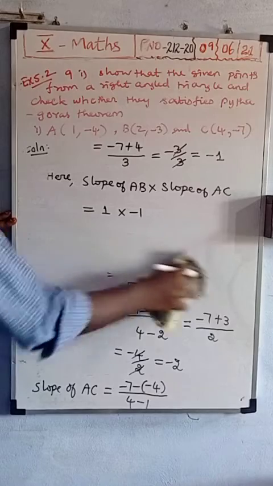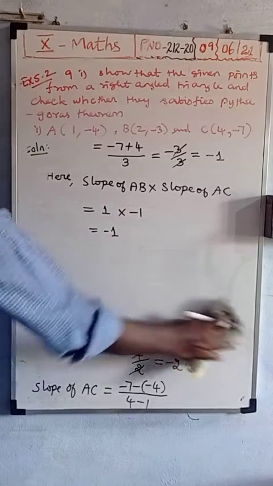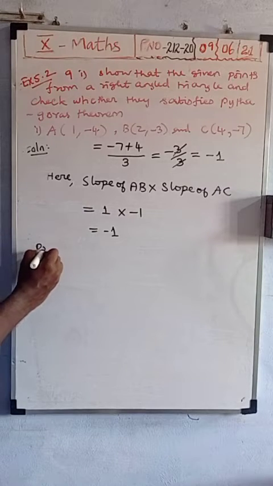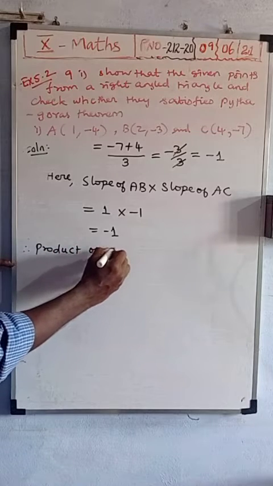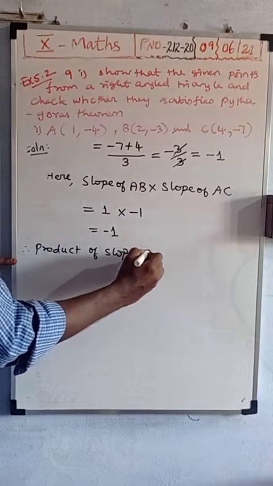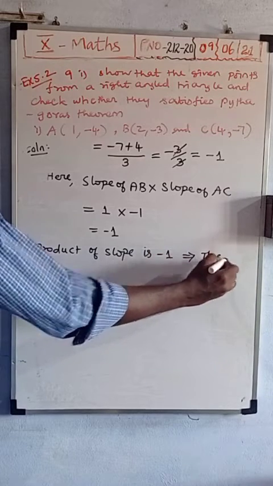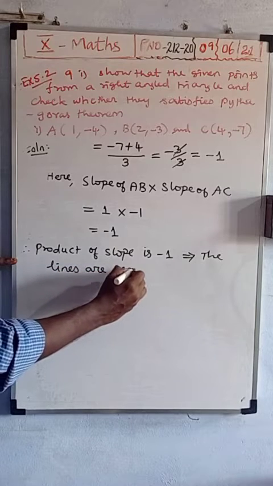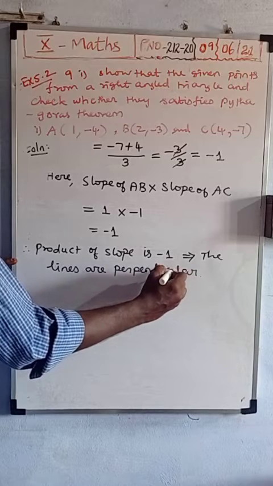So 1 into minus 1, we will get minus 1. Therefore, the product of slopes is minus 1, which implies the lines are perpendicular.